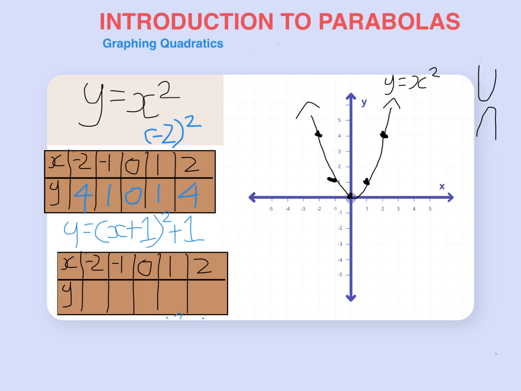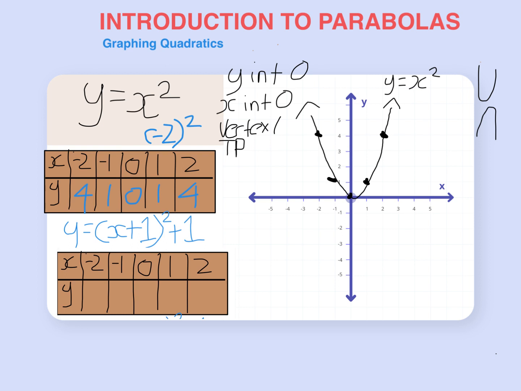So the y-intercept of this parabola happens to be 0. So the y-intercept is just where the parabola hits the y-axis. It turns out for this parabola, the x-intercept is also 0. The x-intercept is where it hits the x-axis. So all parabolas have what we call a vertex or a turning point.